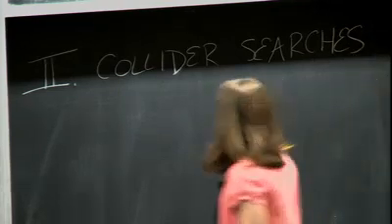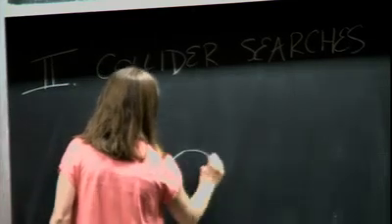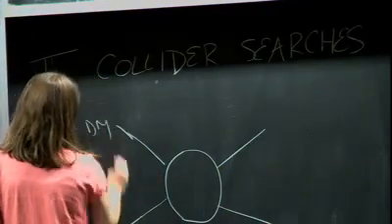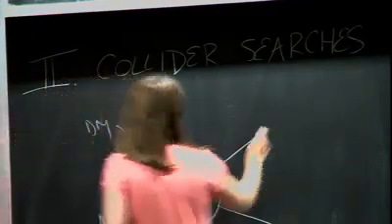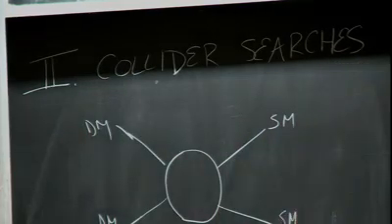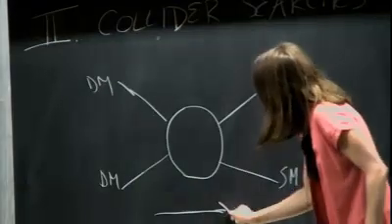This kind of came up before, but collider searches is going to finish off our exploration of dark matter searches. If we draw a diagram with dark matter and standard model, what we've just explored is what happens when we go in this direction.